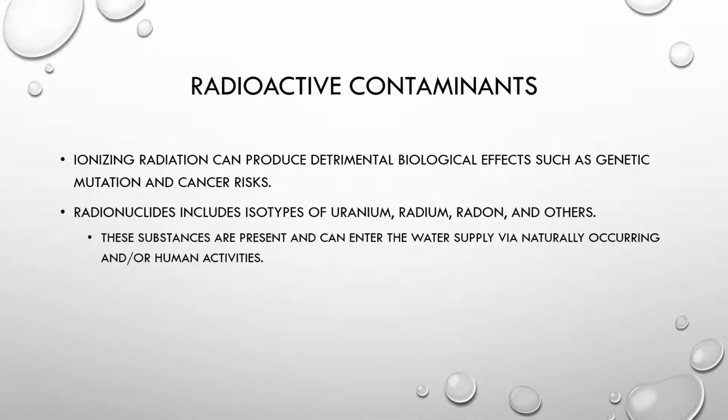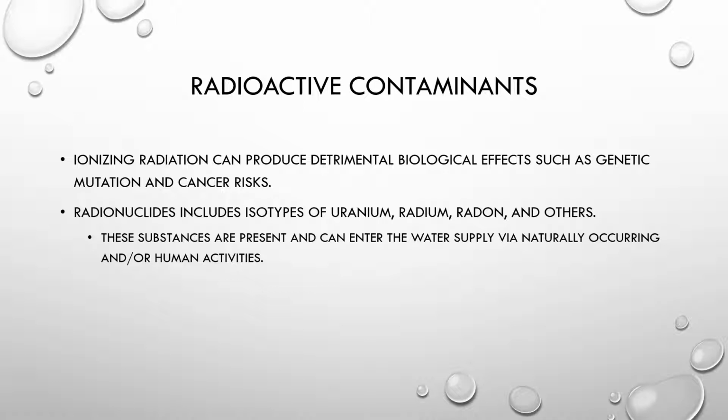Next, we turn our attention to radioactive contaminants. When it comes to ionizing radiation, this can cause detrimental biological effects. It can alter genetic coding. It can cause mutations. It can cause uncontrolled cell growth, which increases cancer risk.